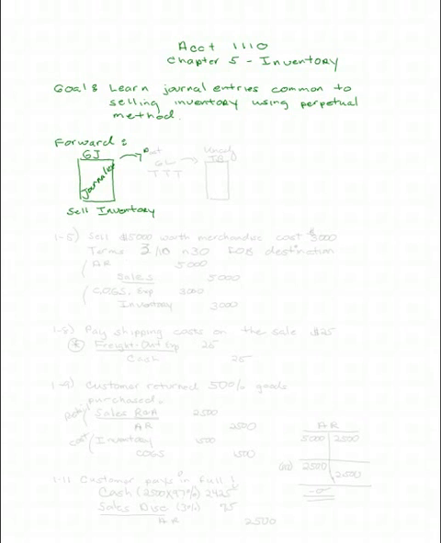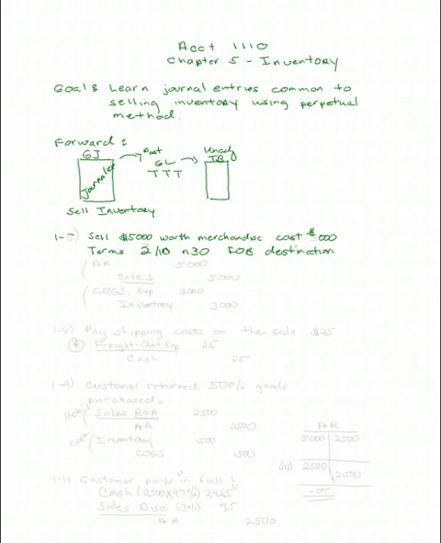Those entries will be posted, as you know, to the general ledger, and then an unadjusted trial balance will be made to check the equality of our posting. So let's move on and look at entries that would be common to selling inventory.